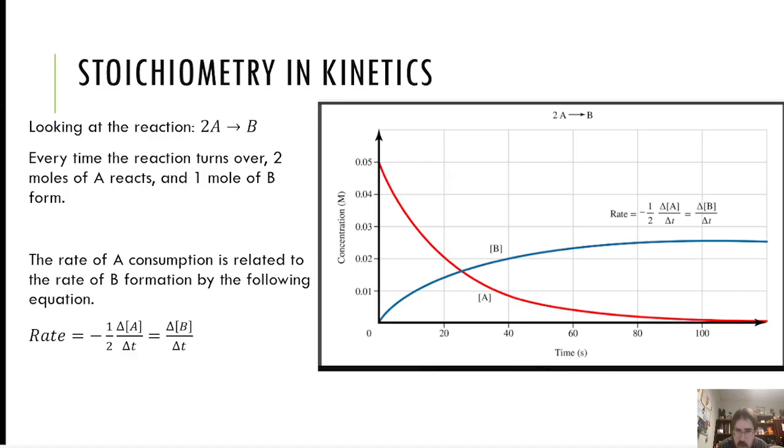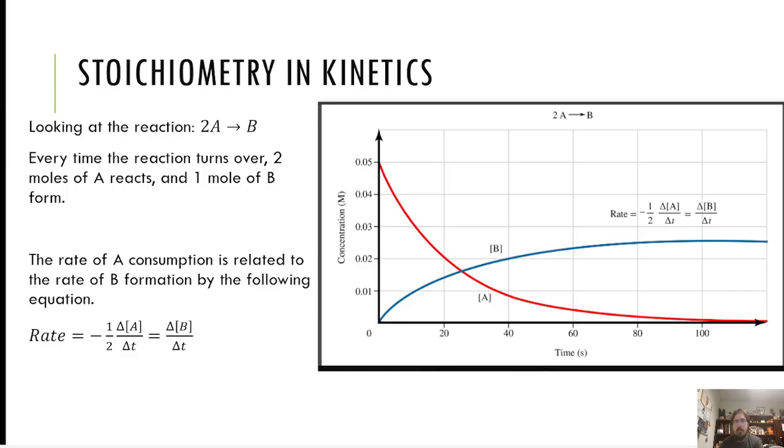A is asymptotically approaching a concentration of 0, but never quite getting there. B is going to increase asymptotically to about 0.25 molar, never quite getting there unless it goes to 100%.